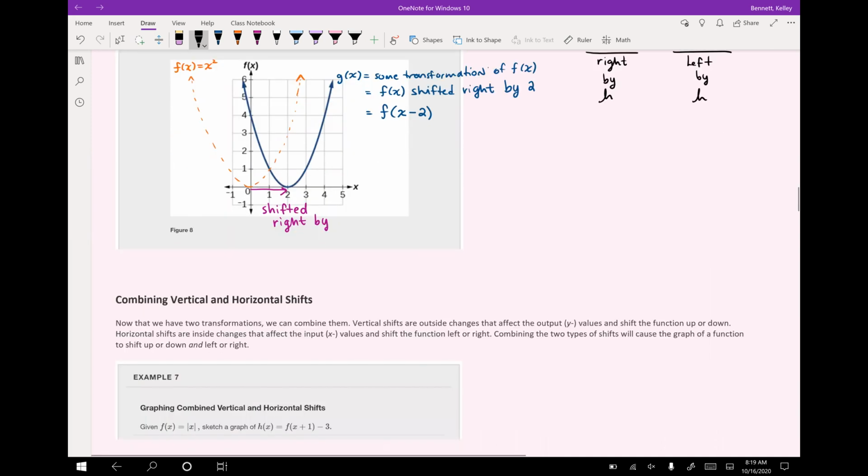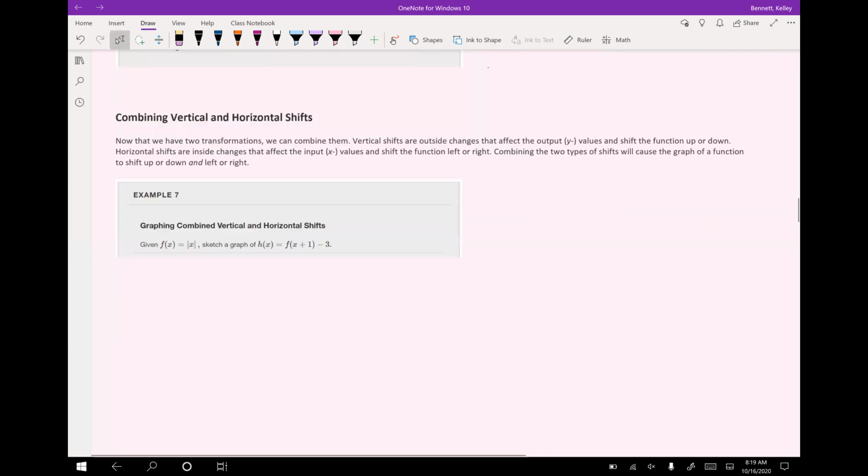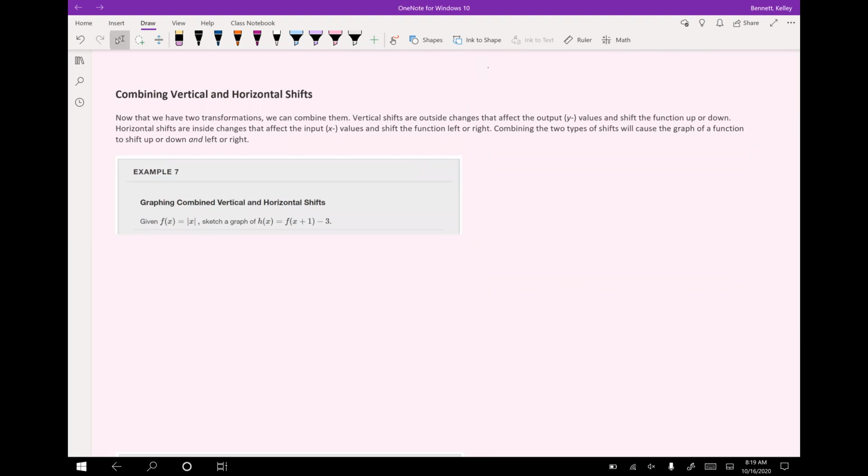All right, so now we're going to put horizontal and vertical shifts together. So we are given the absolute value function, a toolkit function, and we are told to make h of x equal to f of x plus 1 minus 3. So let's just parse it out really quick. So in general, we have two things happening.